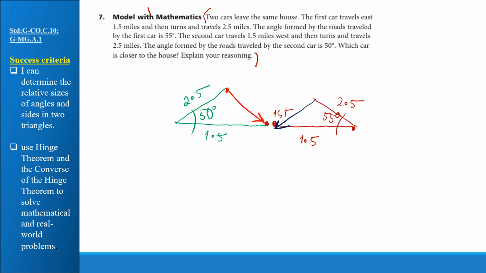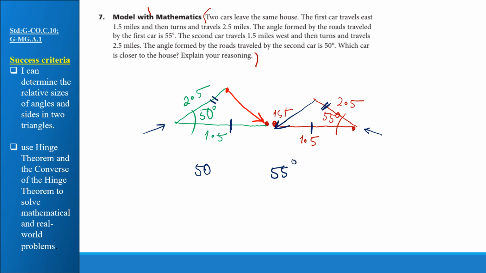Okay, so in order to compare this, you have to see that in this triangle, this side and this side, this side and this side, they are equivalent to each other. So by the Hinge theorem, you have to check the included angle. So which angle? The included angle over here is 50, and for the first car it is 55 degrees.